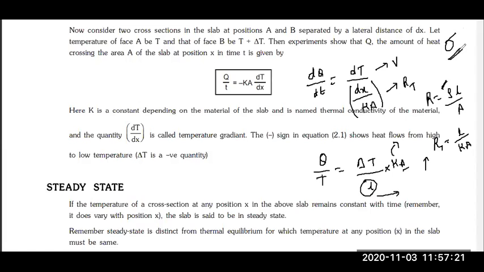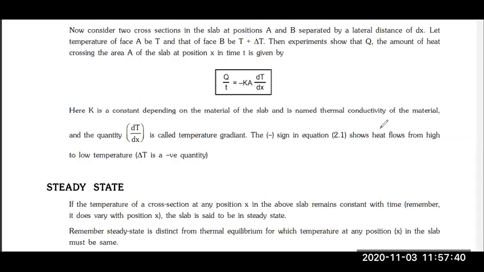Got it? Now, if you remember this, all the concepts of heat transfer by conduction will be easy, because now you can use Kirchhoff's law, now you can use series and parallel conditions. Yes or no?